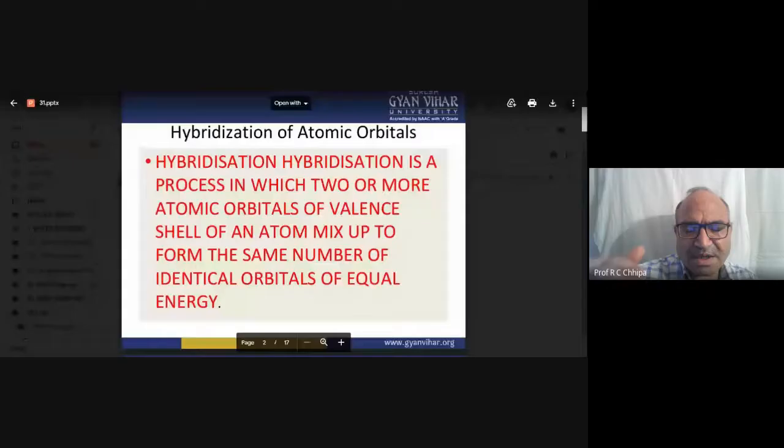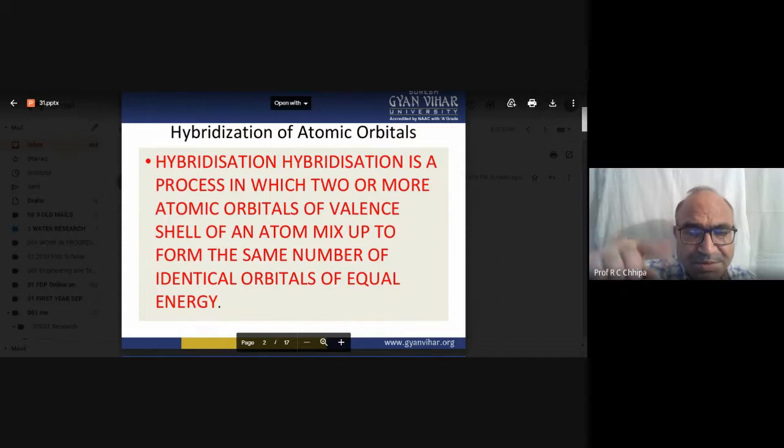Those three p atomic orbitals are present on their respective axes, the x-axis, the y-axis, and the z-axis. So all these four atomic orbitals mix with each other.